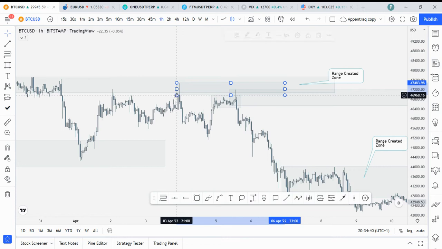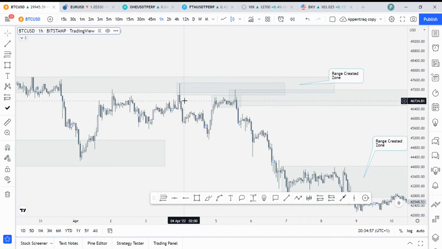Usually, if the length of the wick is bigger than the length of the body, if it's greater than 50%, that's when you want to use the wick. Or if you have a situation like this where the candle that you would have used is not higher up, like there is no sell order here, because the orders that are in this candle would have been consumed with the way price moved up.